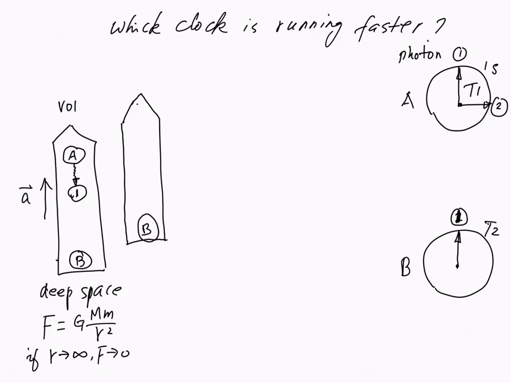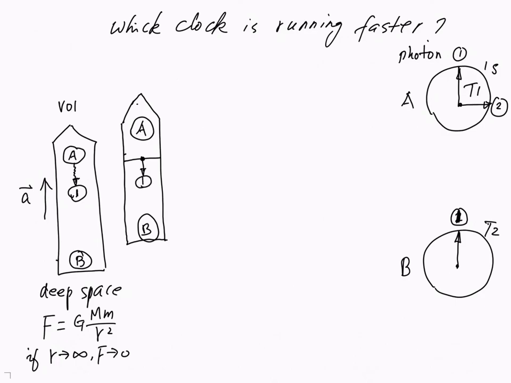This is clock B, and this is clock A. This is where the first photon was emitted.